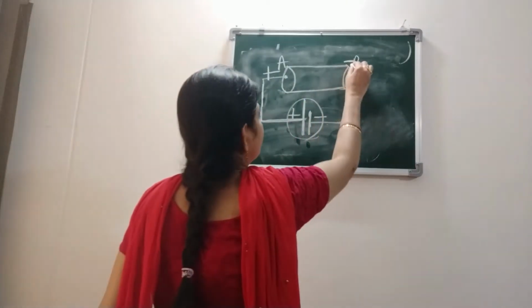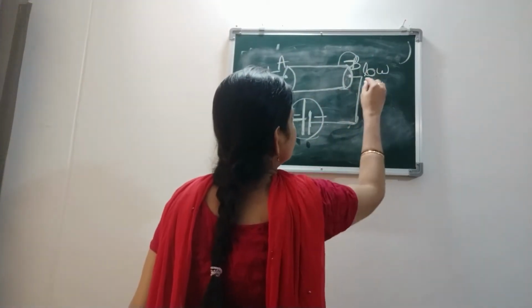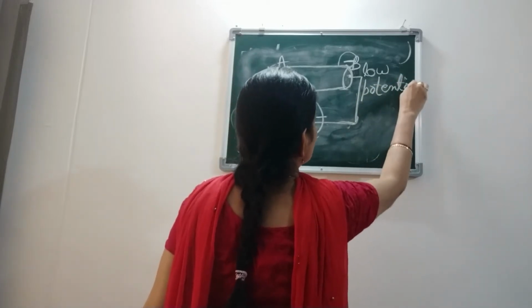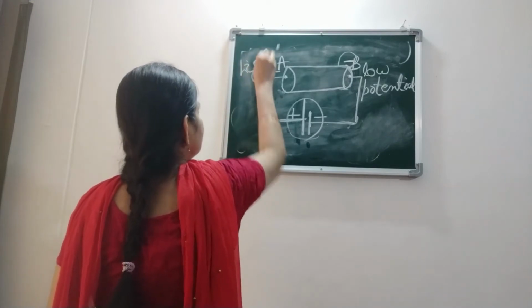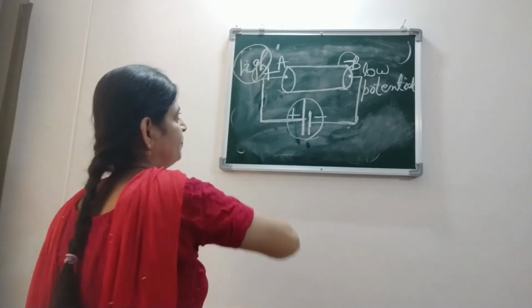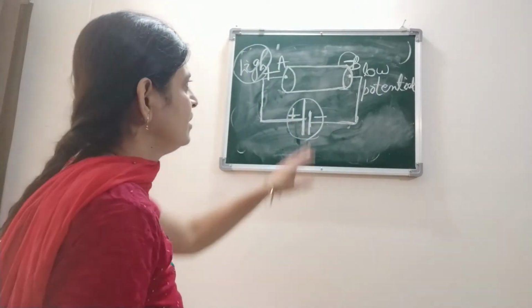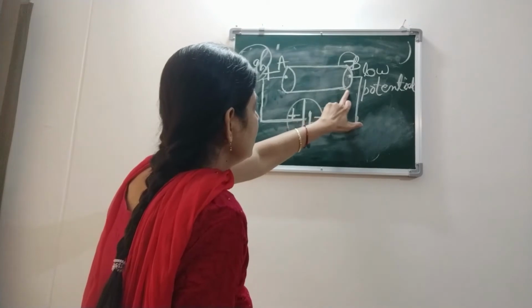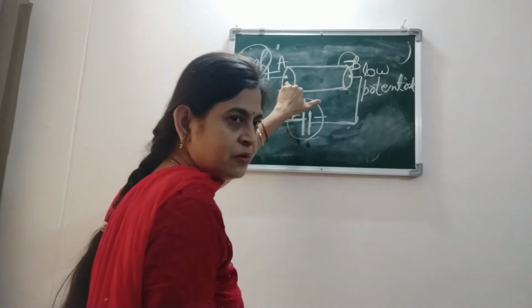Now, negative terminal means, in other words, we can say here the potential is low, and positive terminal means potential is high. That means you can say that the free electrons will move from lower potential to higher potential.